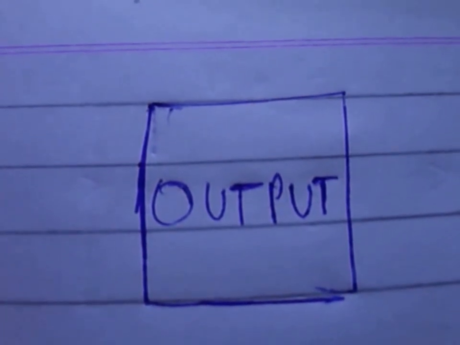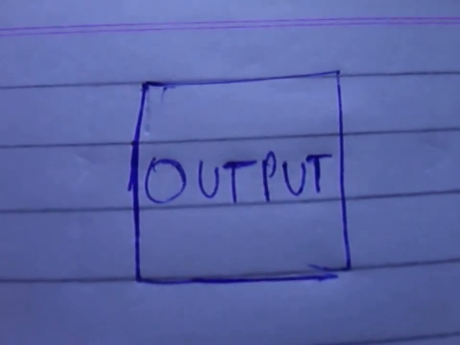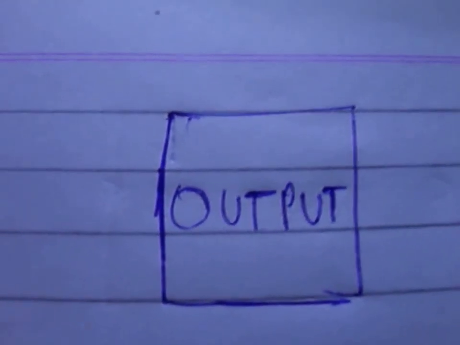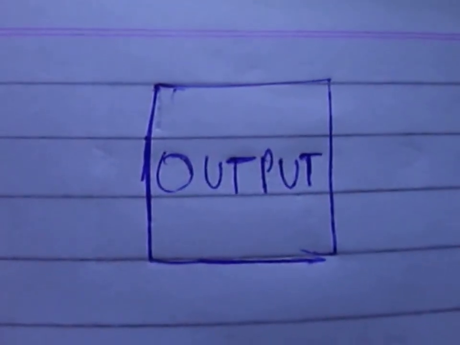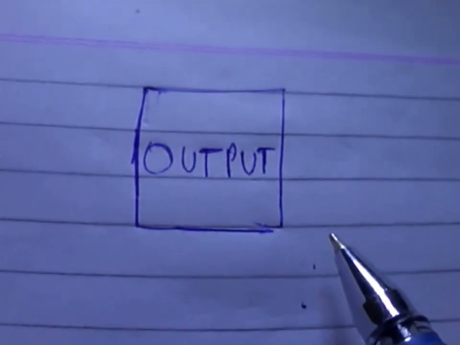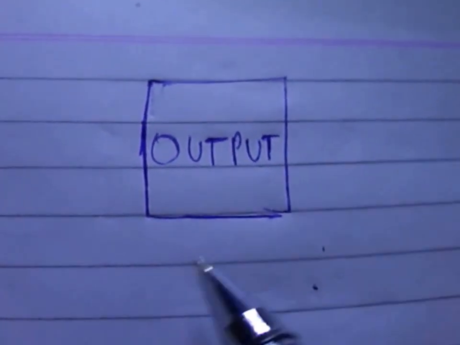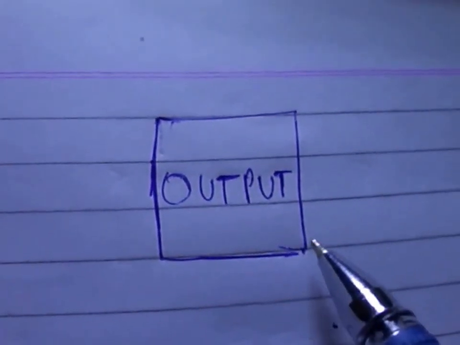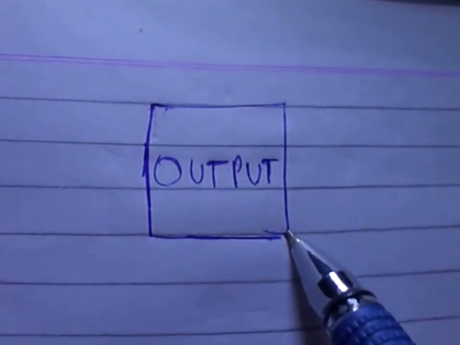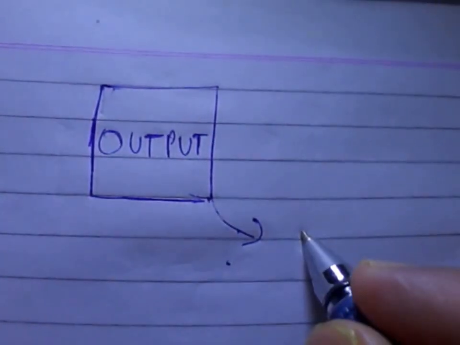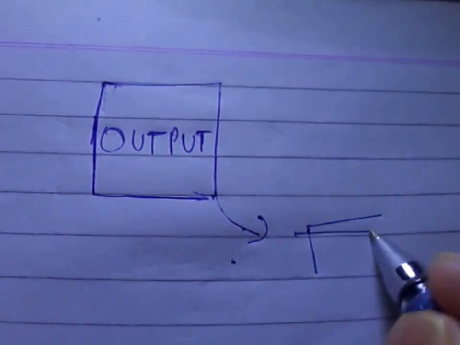So we will now discuss the output part of this whole system, that is, the output subsystem. The output subsystem is the display. We are counting the objects, so we have to display it by some light indications. So here we are going to use the 7 segment LED display.